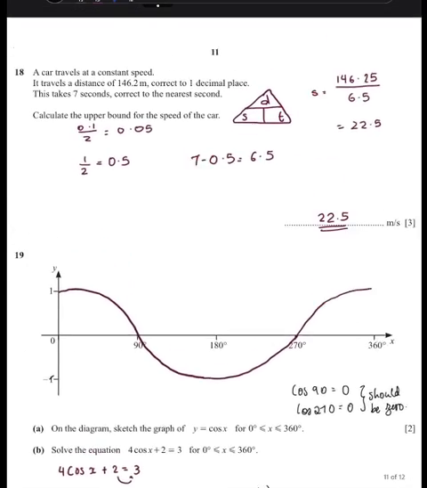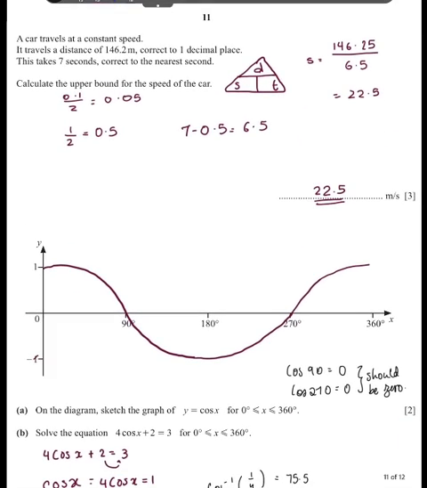Then a car travels at a constant speed. It travels a distance of 146.2 meters, correct to one decimal place. This takes 7 seconds, correct to the nearest second. So if it is one decimal place, it will mean 0.1. So 0.1 divided by 2 is equal to 0.05. And for that, we have to find the upper bound.